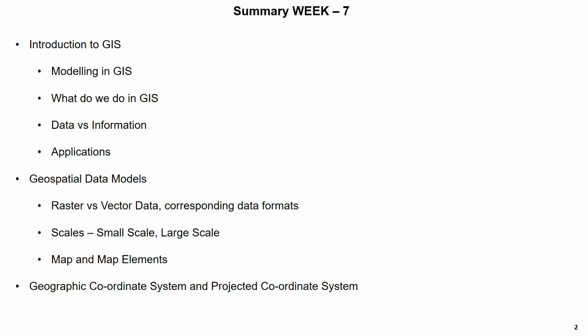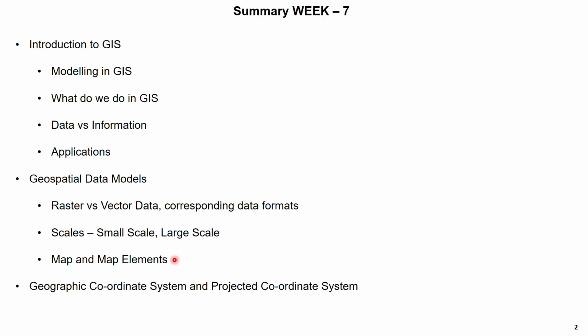Then some applications. Then we saw the two types of data that we use in GIS, raster and vector, and the difference between those two data types. Then how the raster looks, how the vector looks. Then I described what is meant by small scale and large scale. Then we saw the map layout and the important elements that should be present in it.